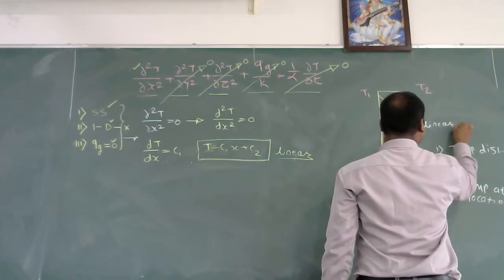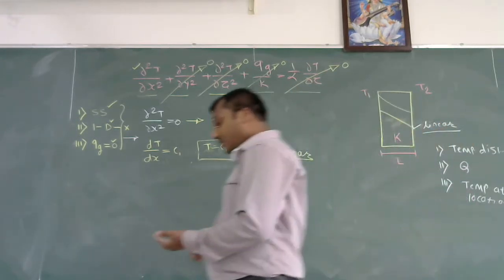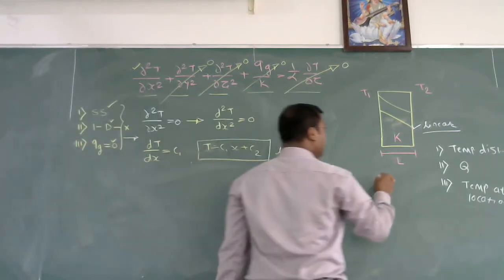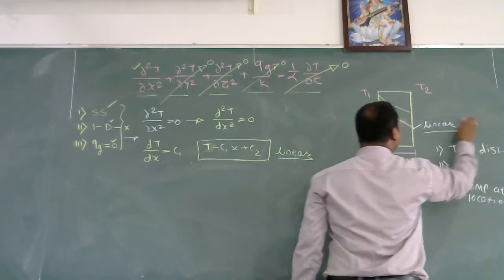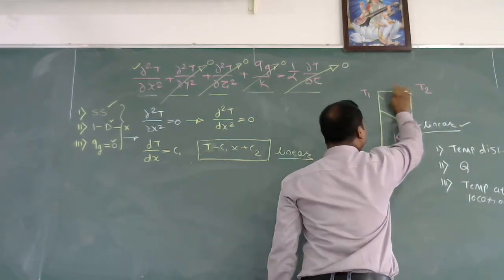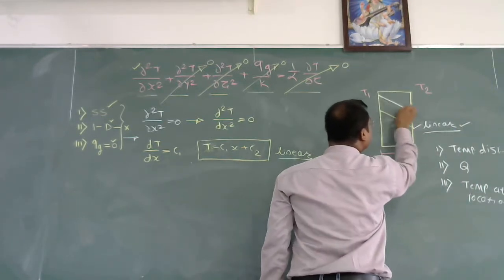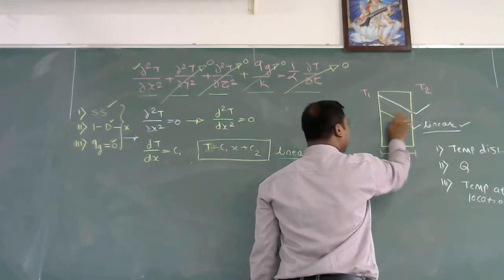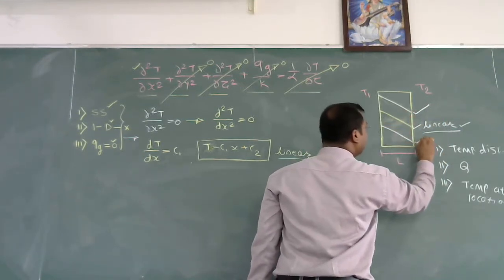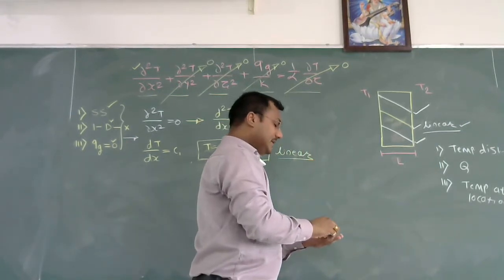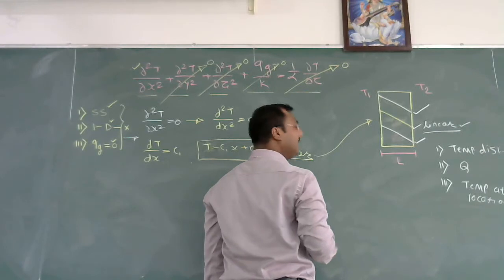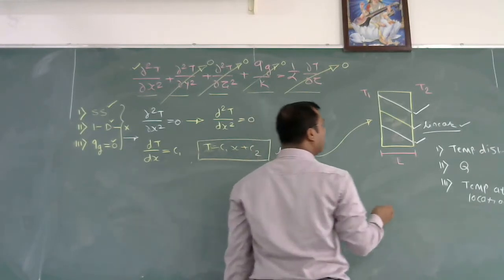Now this is clear. If this is a linear temperature distribution, this curve is correct. If I draw one more solution to this generalized equation, this is again linear and this solution is also correct. It means this generalized equation has different solutions, or there will be n number of different solutions.